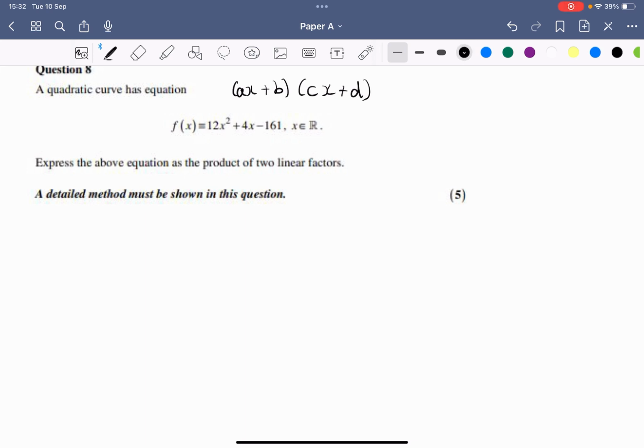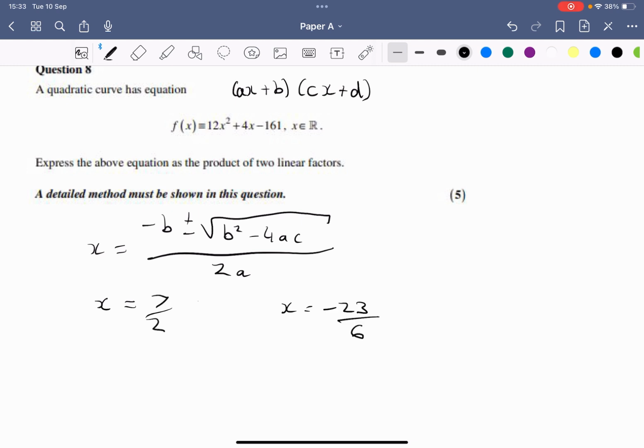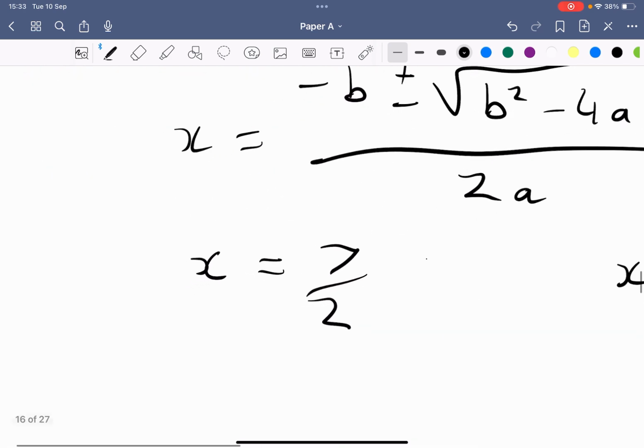So okay, so we need to solve it, we can use the equation minus b plus or minus square root b squared minus 4ac all over 2a, and if I sub in those values I get, okay, and now what I can do is I'm going to focus on this side first.